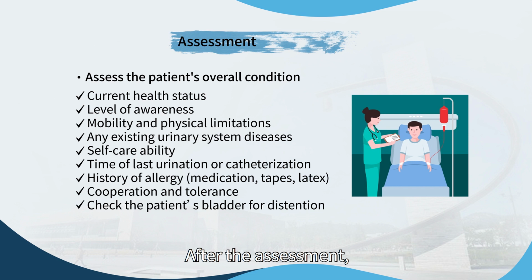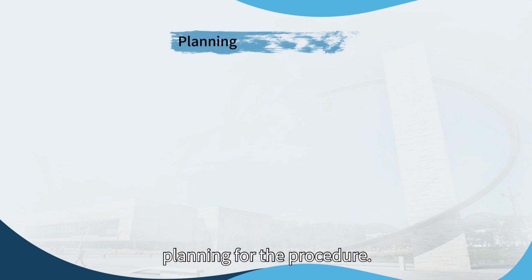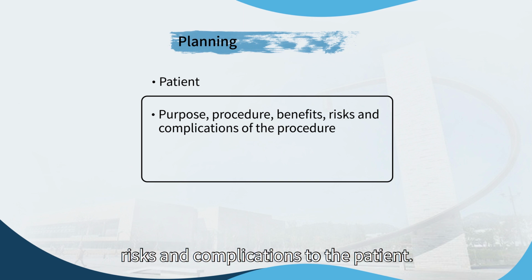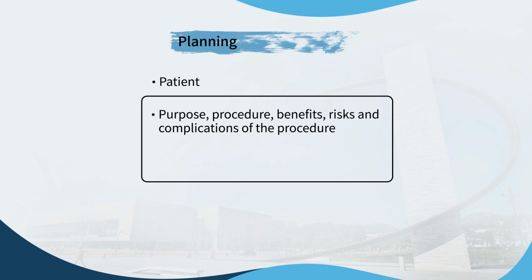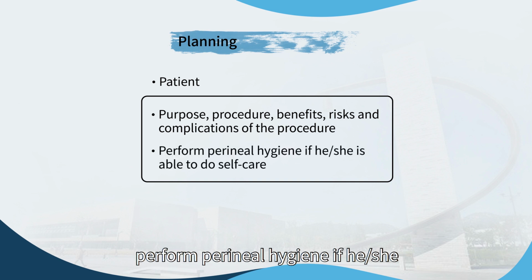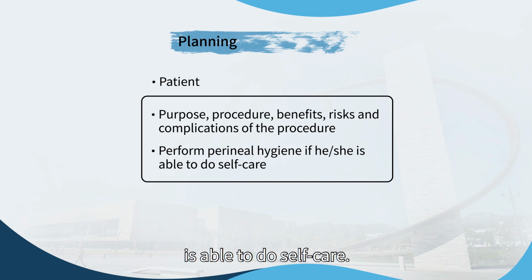After the assessment, we will proceed with planning for the procedure. We need to explain the purpose, procedure, benefits, risks, and complications to the patient. The patient may be instructed to perform perineal hygiene if he or she is able to do self-care.